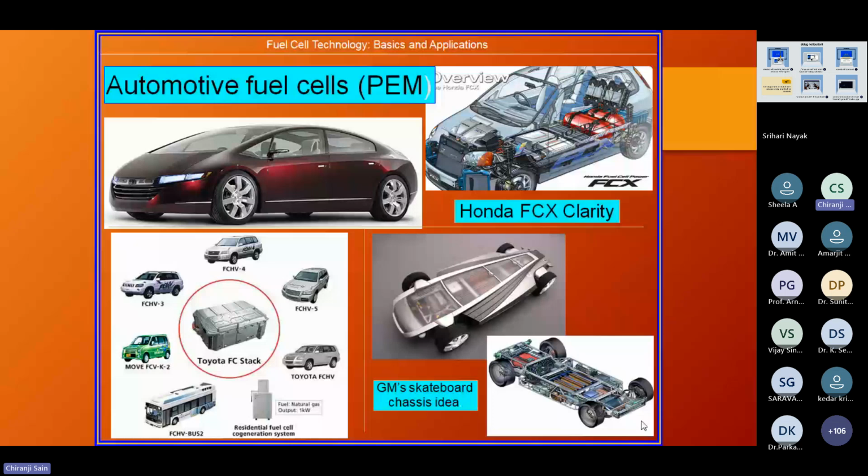The proton exchange membrane fuel cell is one of the most widely used fuel cell technologies because it produces zero emission, is quiet in operation, and has higher power density and flexible operating characteristics. But in comparison, the drawbacks are the complex storage technology and the high cost of the setup that we need to have.